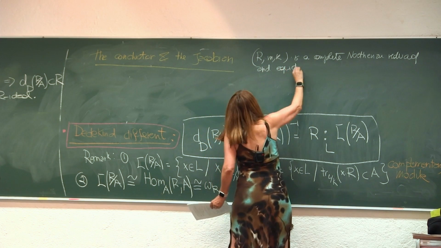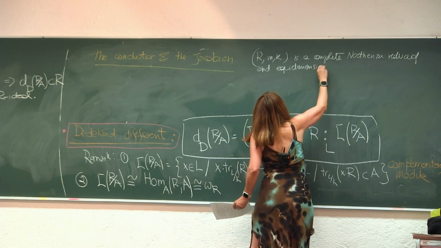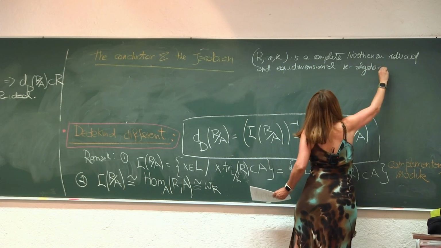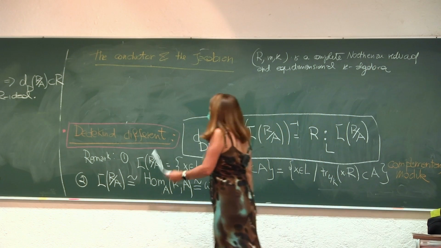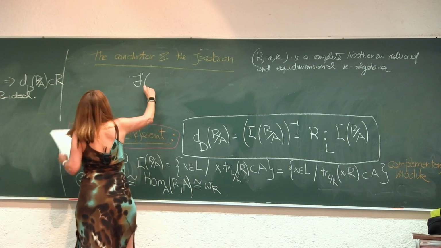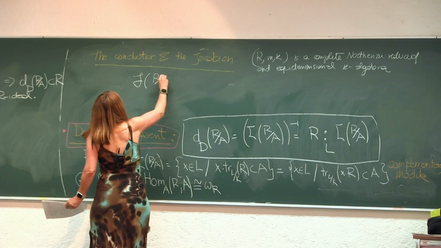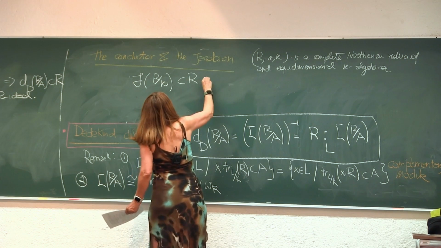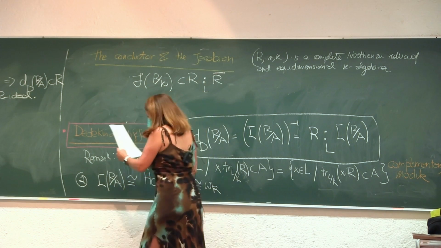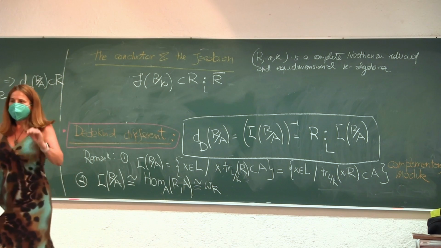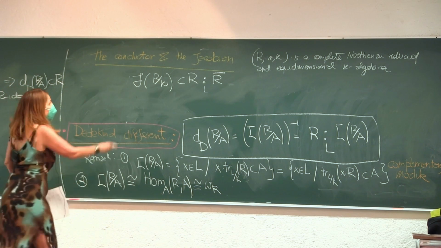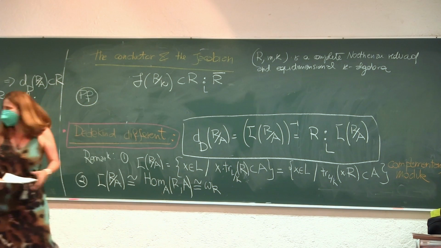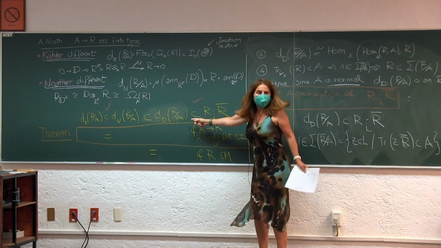I don't talk about A, I don't need A. R is a Noetherian, reduced, and equidimensional K-algebra. Obviously, it has a Noether normalization, but at this moment I don't take it. Then we prove that the Jacobian of R over K, our Jacobian ideal, is in the conductor.